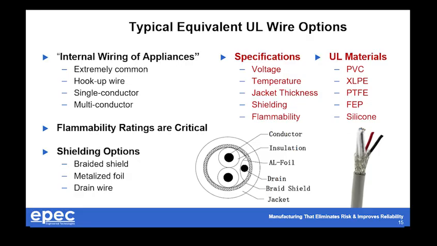So circling back to the actual wire options that we can support for more discrete and traditional hookup wires, it really runs the gamut. As I said before, it covers both single and multi-conductor wires, a variety of shielding options, but more importantly, depending on your application and what your requirements are for voltage and temperature, we have numerous UL approved materials that we can use and employ in these custom extrusions.